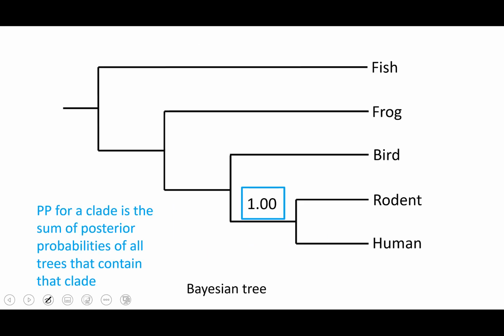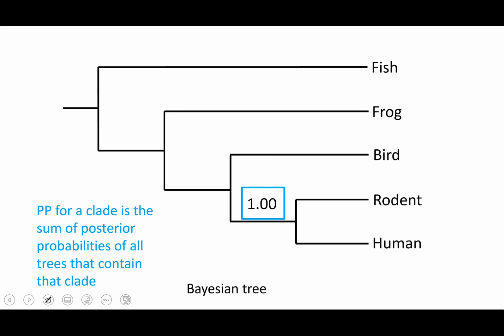Now, how do we apply those posterior values to a clade? So here is the proper or correct topology for this particular data set, this is the topology that had the highest posterior probability, right? Where we've got fish, frog, bird, rodent, and human.